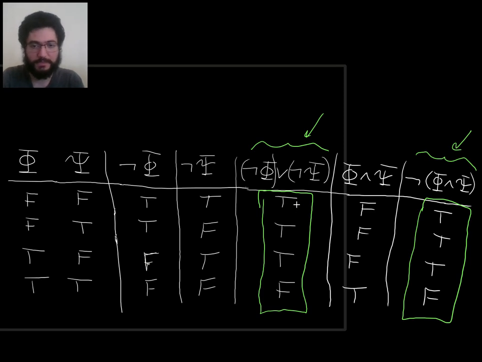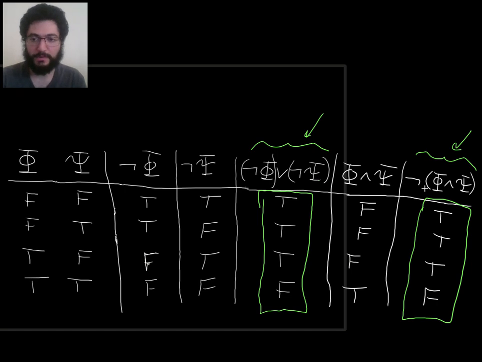So let's go back to phi being I have a cough and psi being I have a sore throat. This would say either I do not have a cough or I do not have a sore throat. On the other hand, this would say it's not the case that I both have a cough and a sore throat.